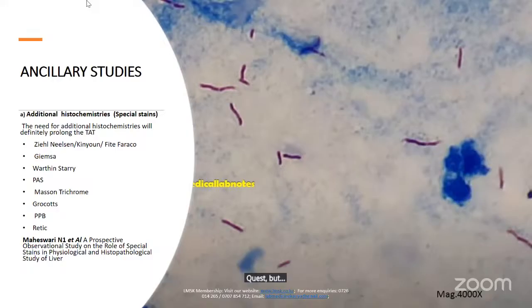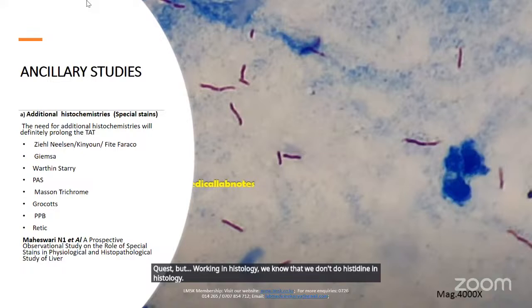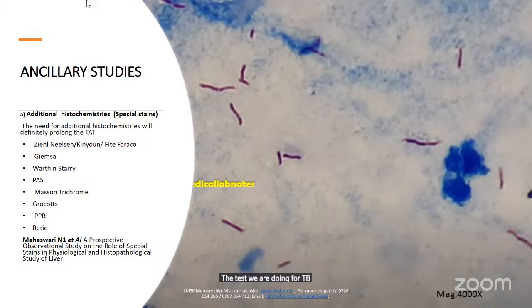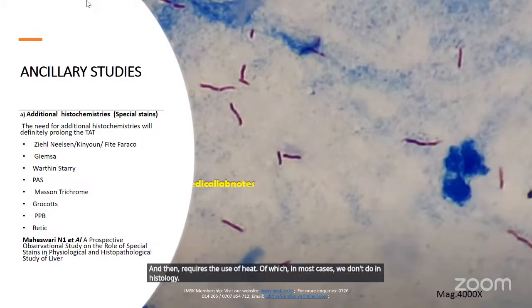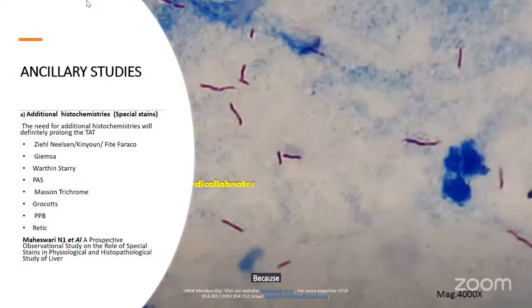But everyone working in histology knows that you don't do Ziehl-Neelsen in histology. The test you're doing for TB in histology is Kinyoun, and in some cases we are doing Fite-Faraco. Kinyoun is the cold method, just a modification of Ziehl-Neelsen, which requires the use of heat, which in most cases we don't do in histology, because the reagents that we use in histology, especially the xylene for dewaxing, are already harsh and damage the microbial wall of those mycobacteria.